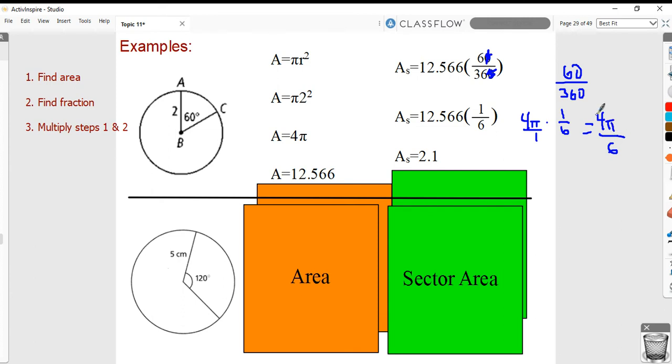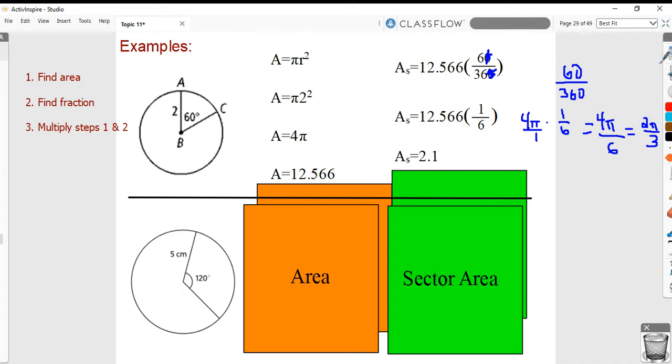Well, this can reduce down. You can see 4 over 6 is the same as 2/3, so 4 pi over 6 would be 2 pi over 3. Just something to keep in mind as you're working on your practice problems, that it might be presented in terms of fractions like this instead of like this.